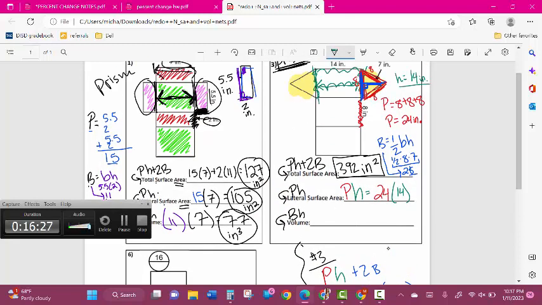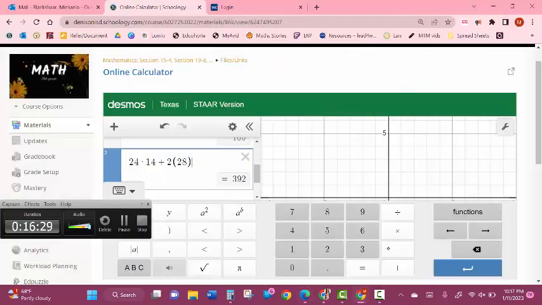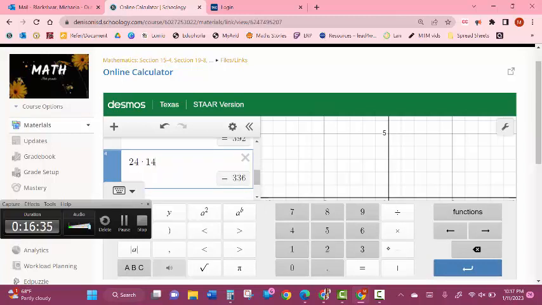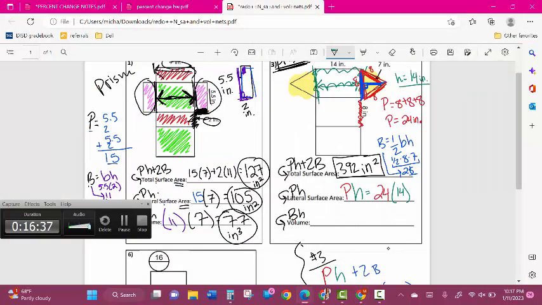Yep. So now I need 24 times 14. Online calculator, 24 times 14 is 336. So the lateral surface area is 336. And because it's an area, that would be inches squared.